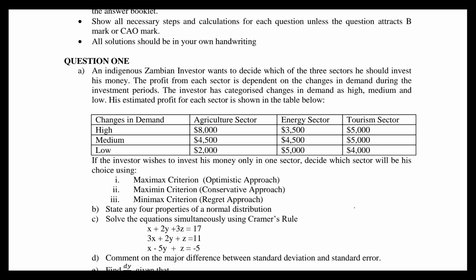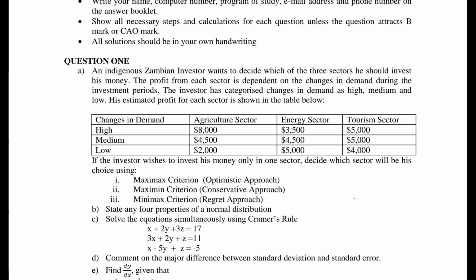Maureen, read for us. Okay. It reads, an indigenous Zambian investor wants to decide which of the 3 sectors he should invest his money. The profit from each sector is dependent on the changes in demand during the investment periods.